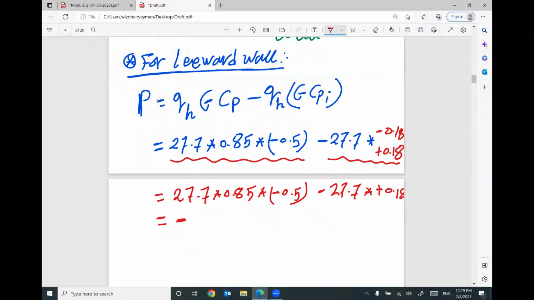So 27.7 times 0.85 times 0.5. I got here negative 16.7 pounds per square feet.